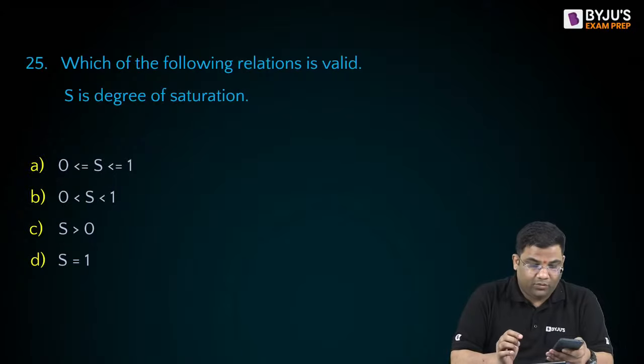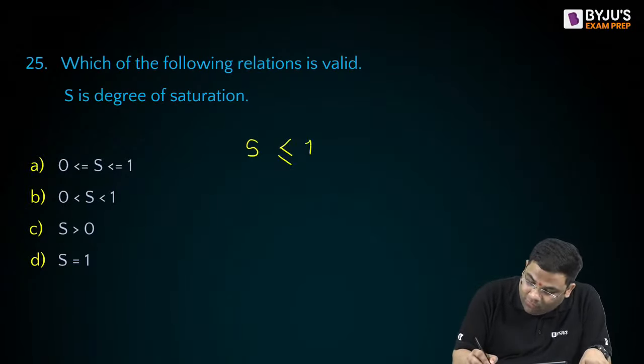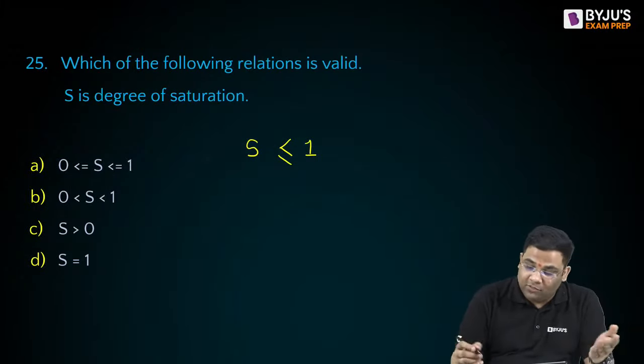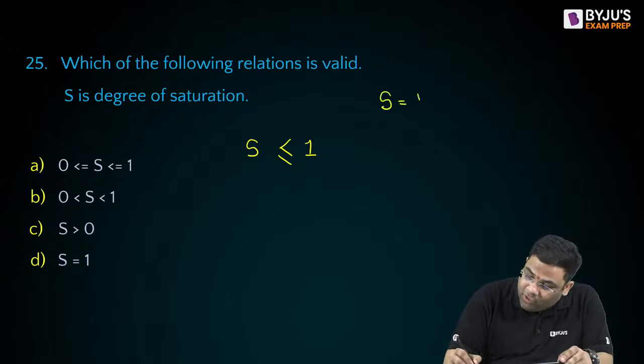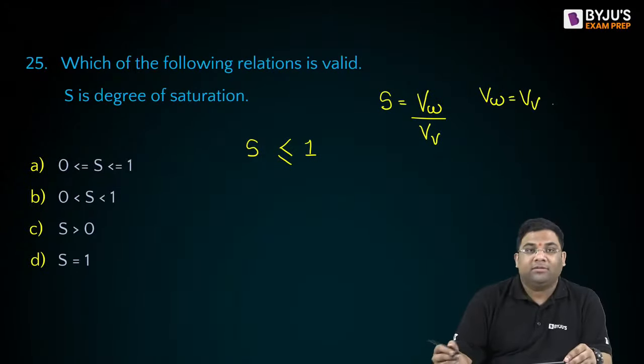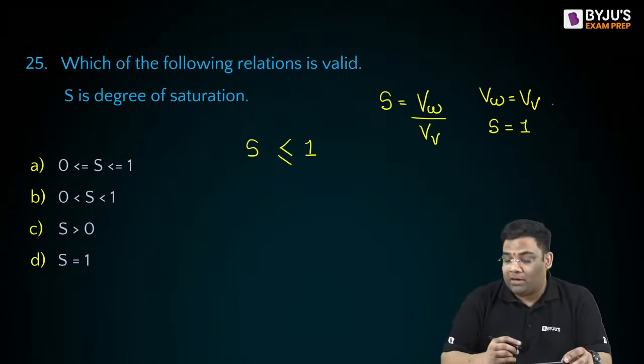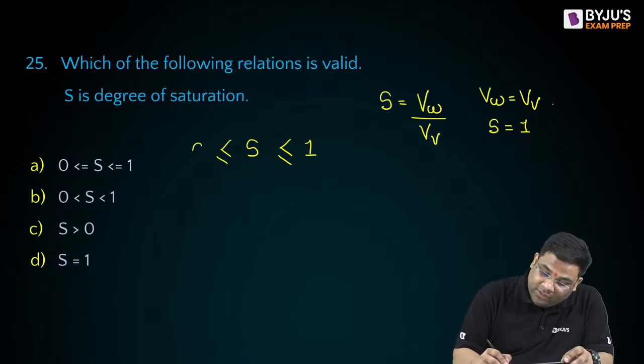A. Very good. Degree of saturation can be equal to 1, yes, but cannot be greater than 1. Why? Degree of saturation is volume of water by volume of voids. Now, volume of water can be equal to volume of voids. That means degree of saturation can be 1, but can never be greater than 1. And greater than or equal to 0.